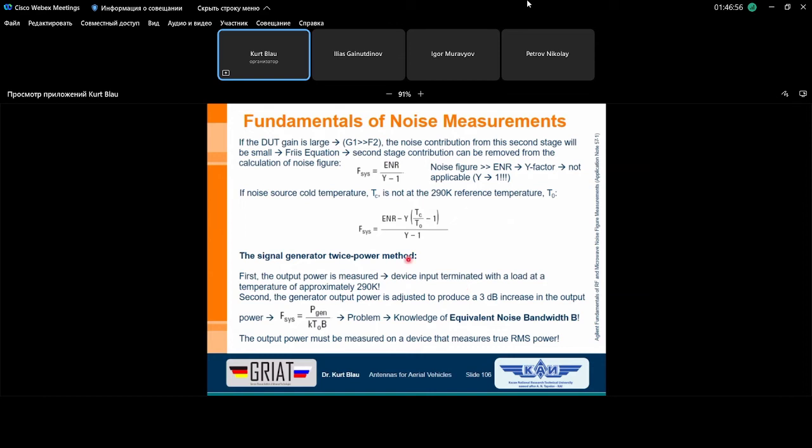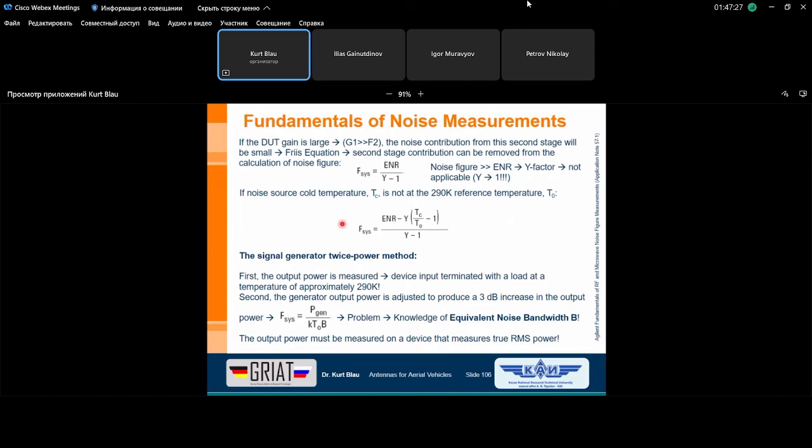It's much larger than the commonly used noise sources with an excess noise ratio of, let's say, between 12 and 15 dB. This is about 5,000 Kelvin up to 9,500 Kelvin in the range of the equivalent noise temperature.